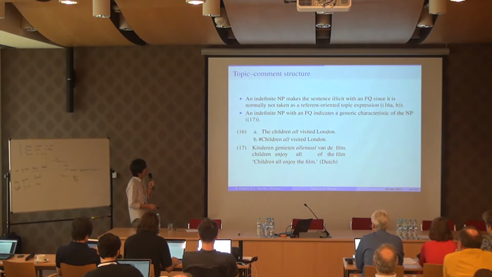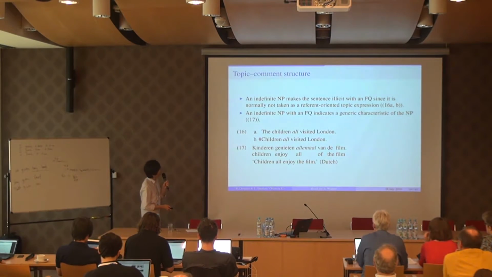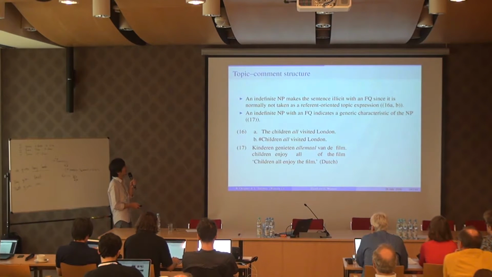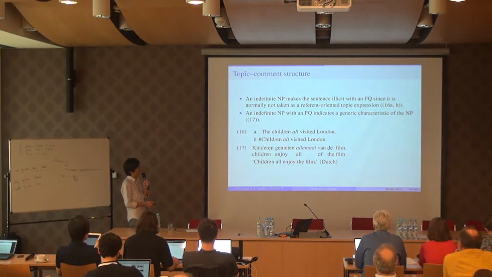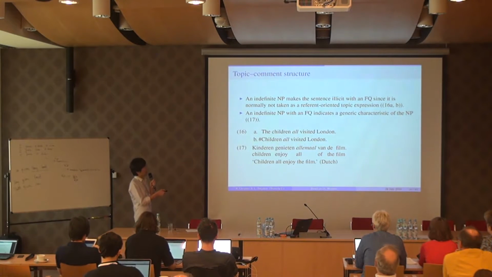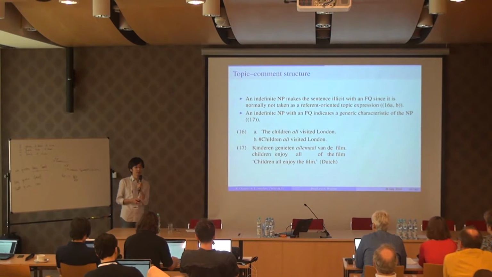So let me point out some of the facts about those sentences involving floating quantifiers. The first one is the fact that a non-referential, indefinite NP cannot appear in this type of construction. If you look at the contrast between 16a and 16b, in 16a we get a definite noun phrase: the children all visit London, that's perfectly fine.